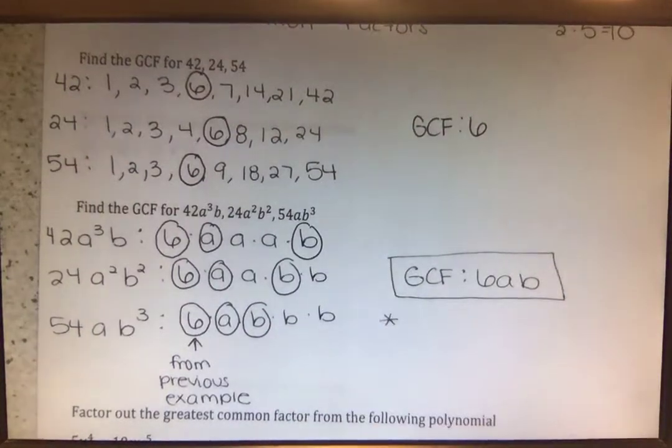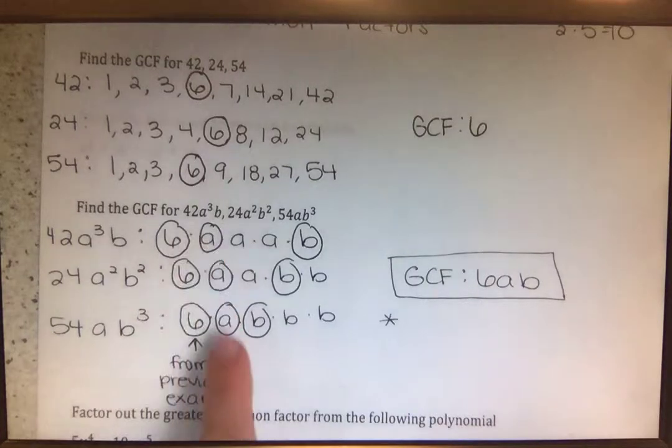So if you notice, in math, we're always trying to generalize to figure out what's going on here. So our 6 was from the previous example, and they all have one A in common and they all have one B in common.